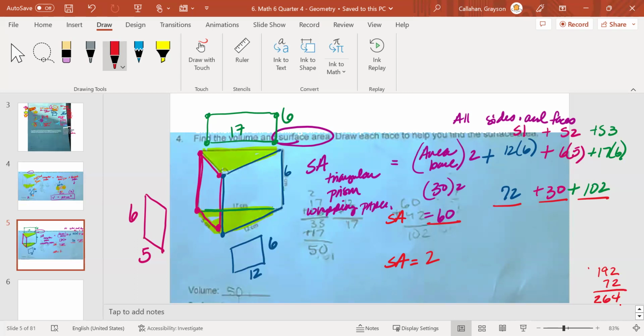Try again. 72 plus 30. No, you forgot. Don't forget the 60. You have to include the 2 triangles. 60 plus 72 plus 30 plus 102. What do you have? Oh my gosh. Okay, well, take your time.